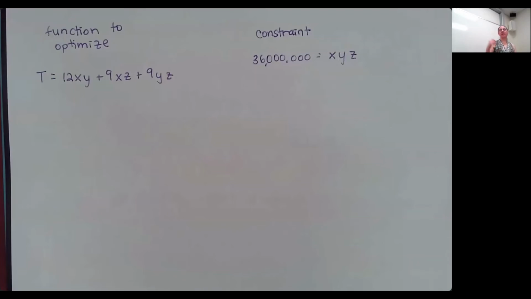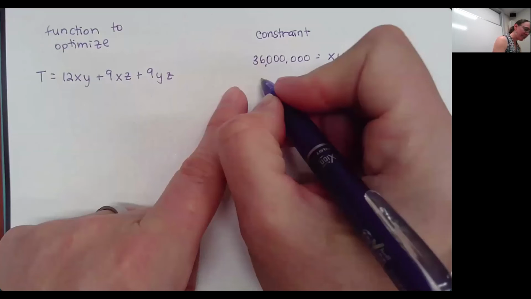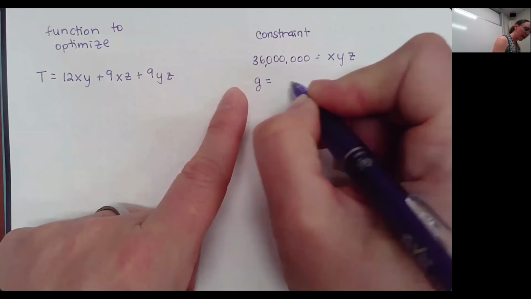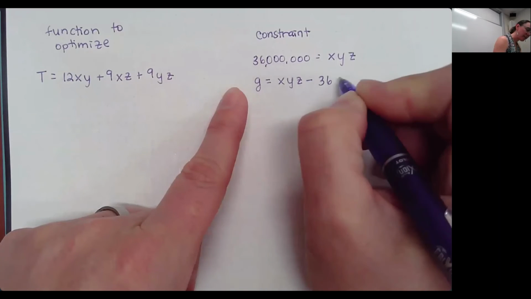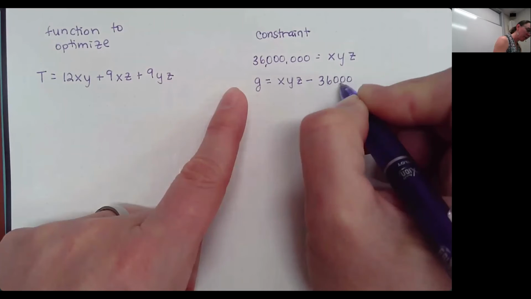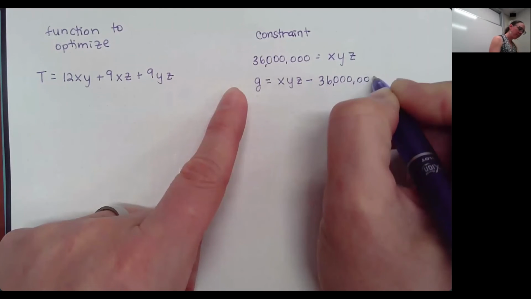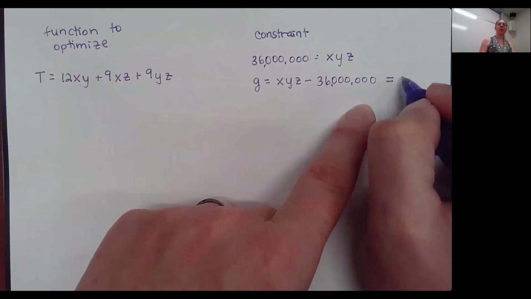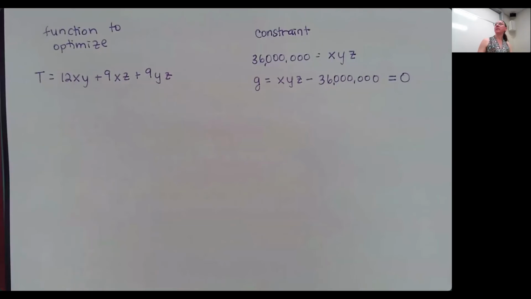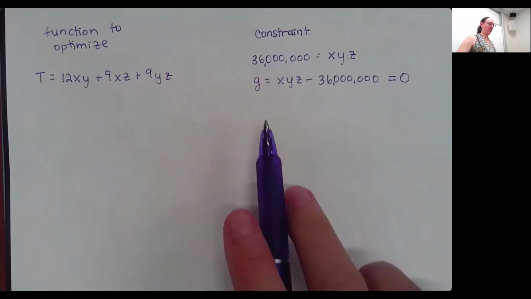So if I rearrange that constraint function, I can say that's equivalent to G is equal to xyz minus 36 million. And the constraint is that G must be 0. So I've rearranged my constraint function so that it is something equal to 0.